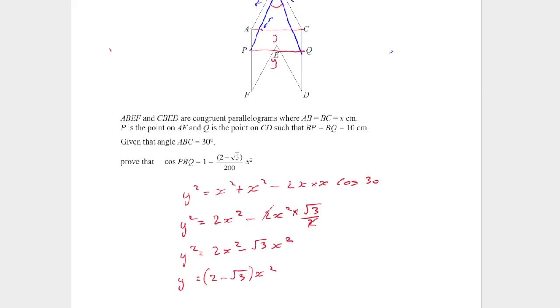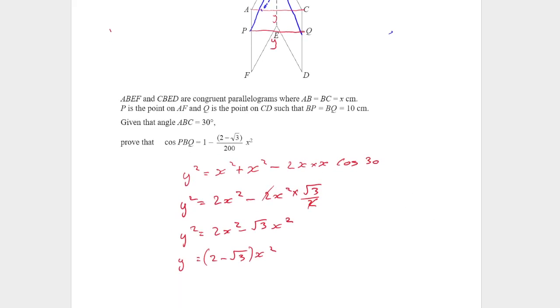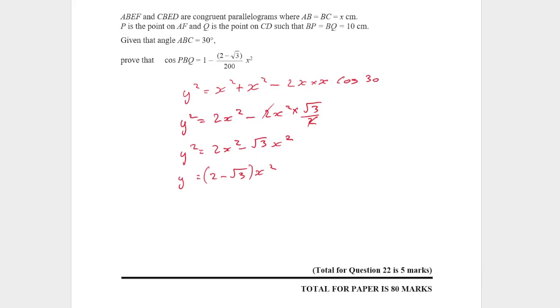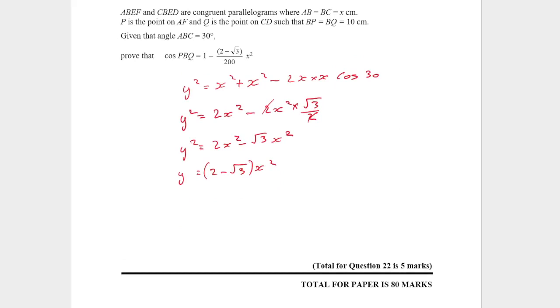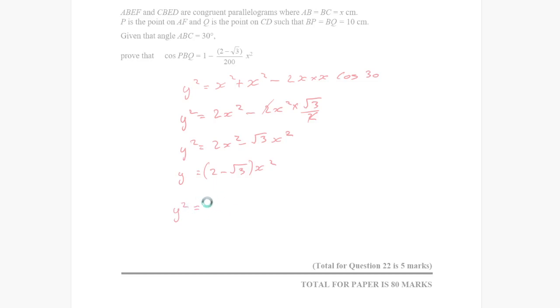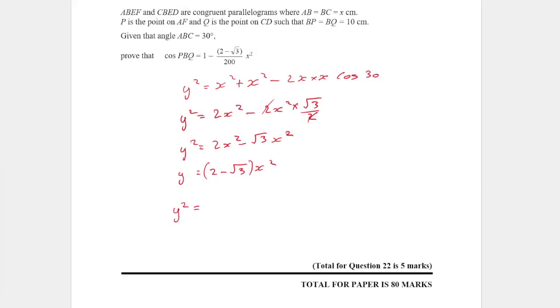Now I'm going to look at the actual angle that I'm trying to work out. So I should have given myself a bit more space here, but that's okay. Now I'm dealing with AC, so y squared is going to be equal to 10 squared plus 10 squared minus 2 times 10 times 10 times cos of the PBQ.